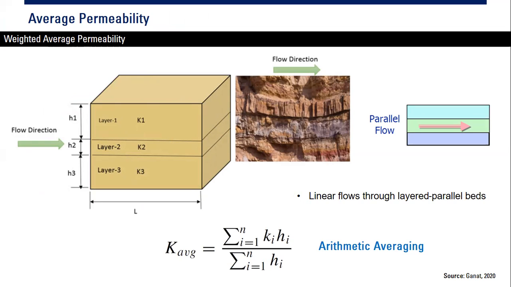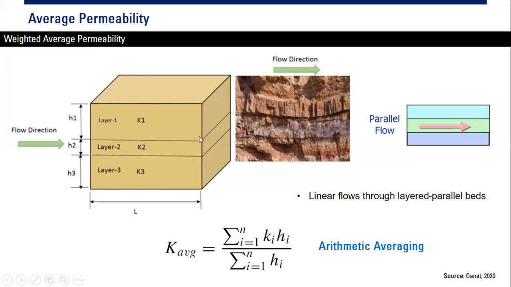Okay, you see that the reservoir is very, very heterogeneous, and we have many permeability values. But at the end of the day, we need to do averaging to get only one reduced or average permeability. And there are several ways to average the permeability.